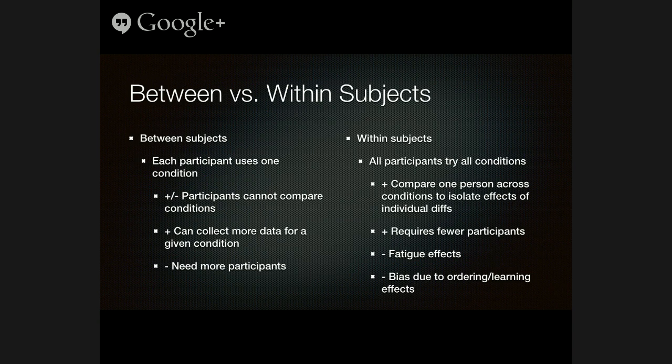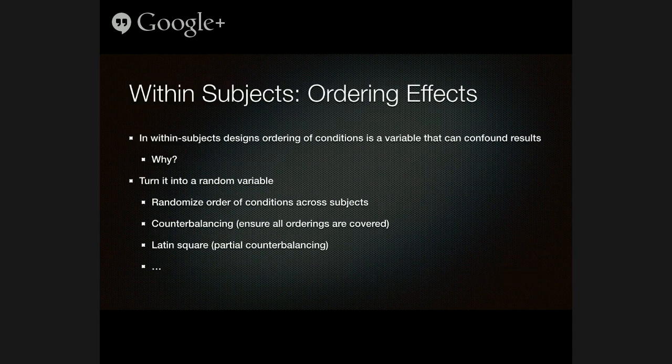The big one here is this ordering effect thing. To talk just a tiny bit about ordering effects, you do have to care about who sees what in what order when you're doing a within subjects design. And so what you usually do is you turn it into a random variable. You either randomize the order of the conditions across subjects, or you purposely counterbalance it, or you do all sorts of clever counterbalancing methods.